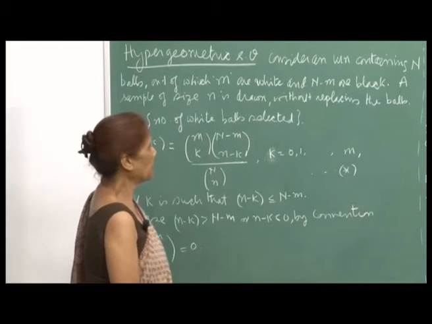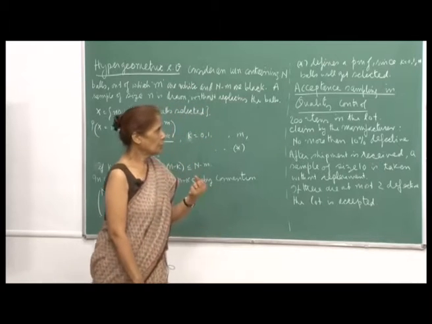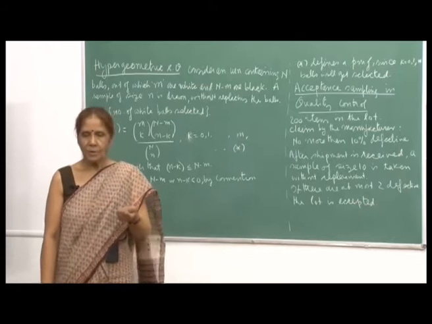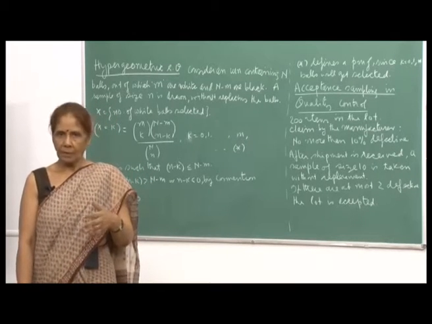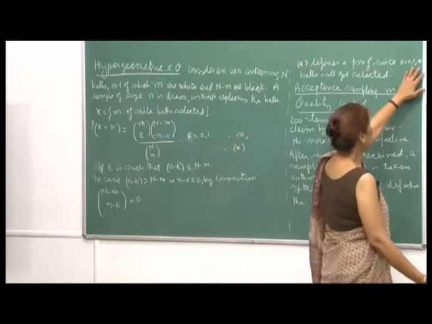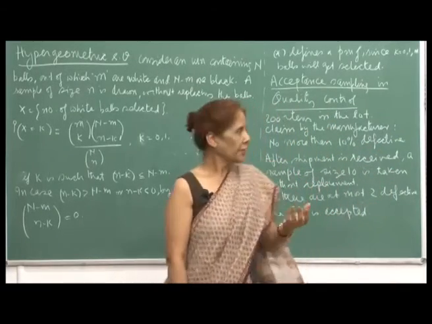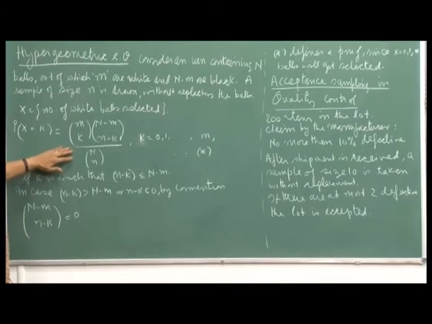Again, when we are drawing out a sample of small n balls, a white ball numbering 1, 2, 3 up to m may appear or may not appear. So, this takes care of all possible cases, and therefore this is a valid PMF.